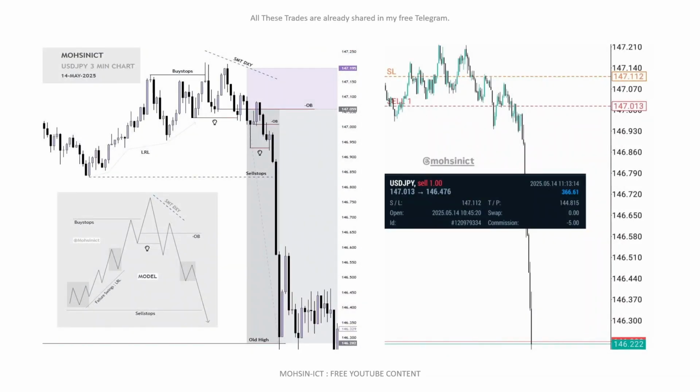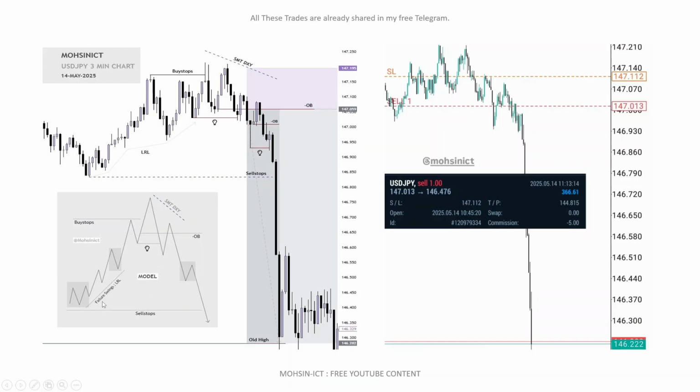Next example, this is the most recent one. USD/JPY 3-minute chart. It's 14 May 2025. Yeah, I wasn't really active with trading these past few months. Maybe the market wasn't as well. You can see I have also given this very beautiful schematic, my art exclusively for you, that I've shared inside my free Telegram.